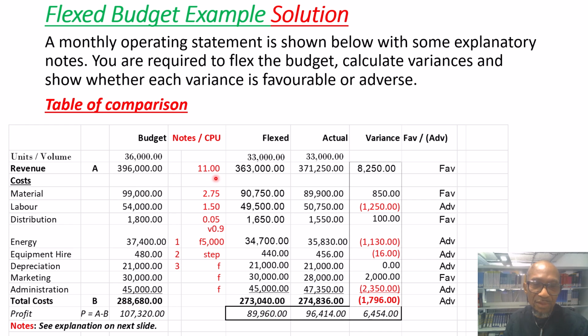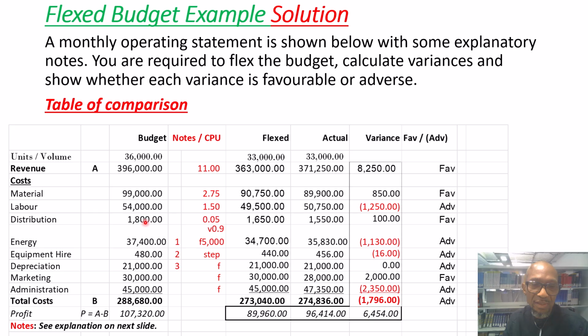The first thing to do is to derive the variable cost per item. The revenue of 396,000 will give us £11 per unit when you divide 396,000 by 36,000 units. That's how we got the £11 per unit. For the material costs, we need to divide the 99,000 by the 36,000 level. That's how we got the £2.75.